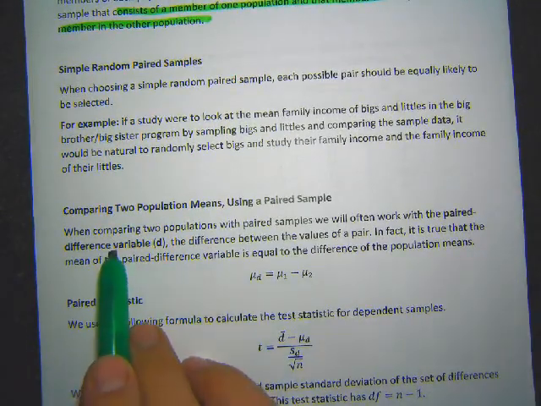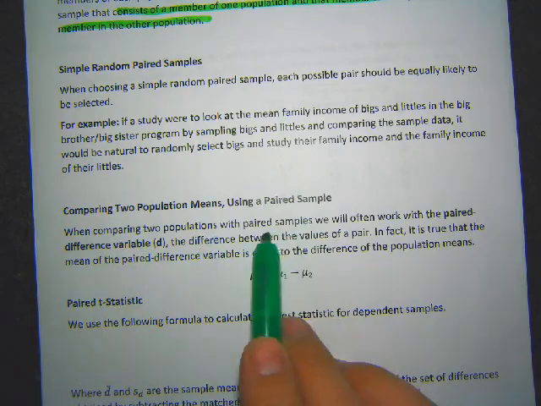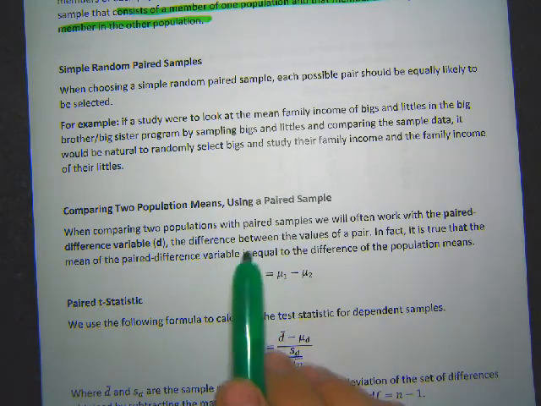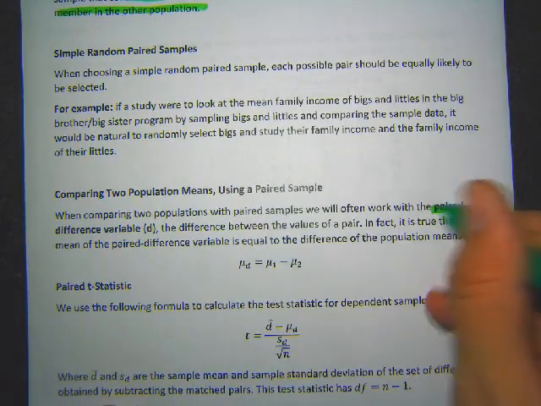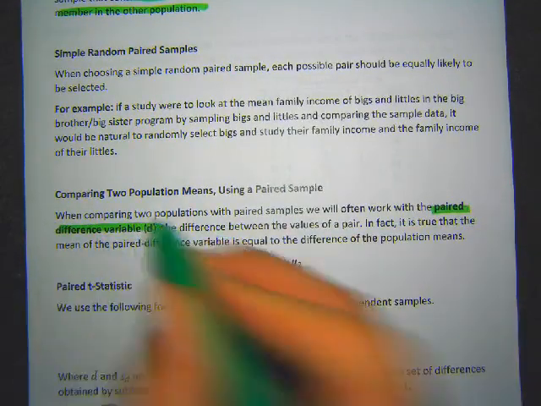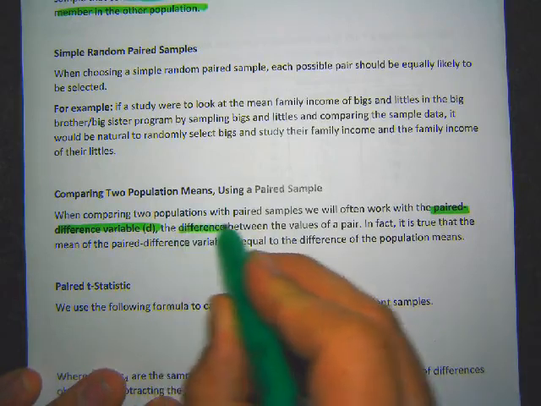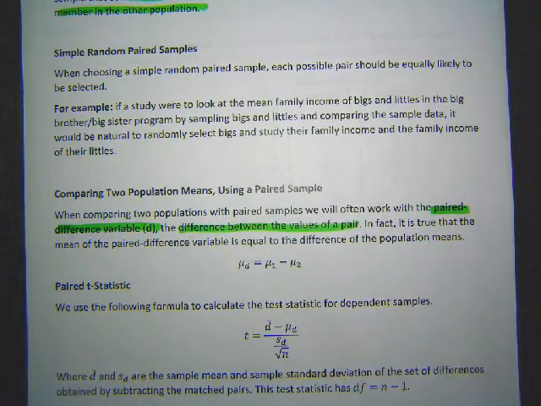Okay, so when you're comparing two populations with paired samples, instead of working with both sets of data most of the time, we'll actually look at the paired difference variable. So this is the difference between the values of a pair. So instead of looking at both numbers, we'll just subtract the two and find their difference.